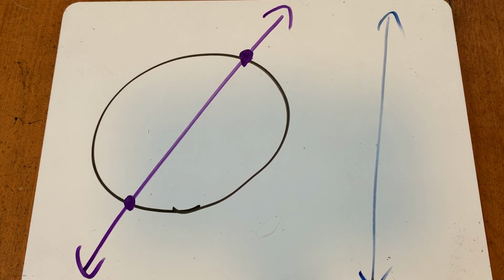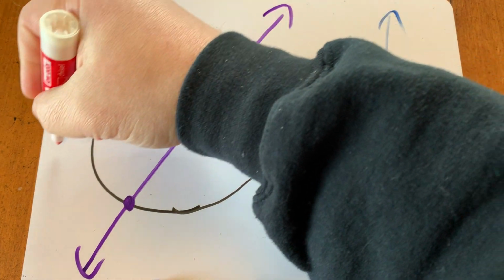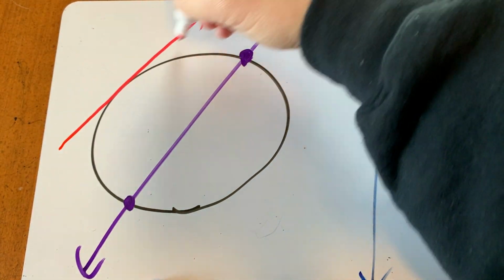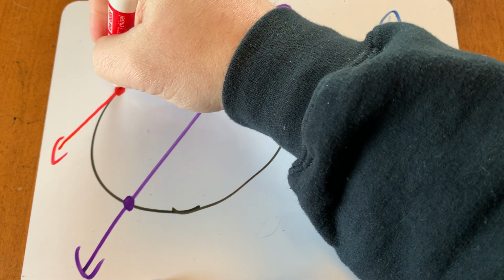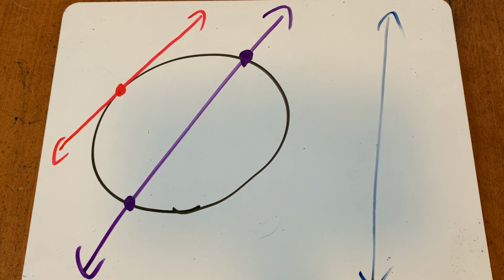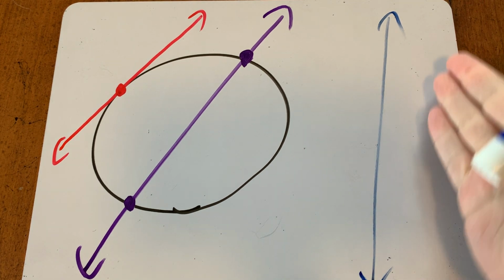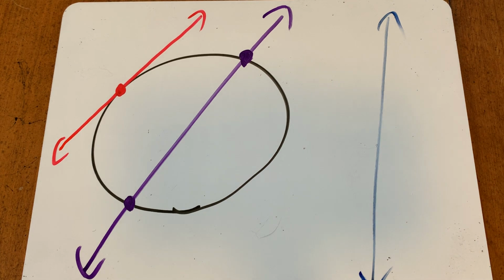Or you can have the line intersect the circle at just 1 point. So these are the only 3 relationships we can have. When it doesn't intersect the circle at all, like this line here, there's no classification for it because there's no relationship. We don't need to define a relationship that doesn't exist.